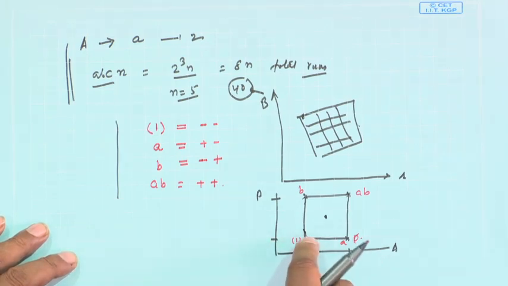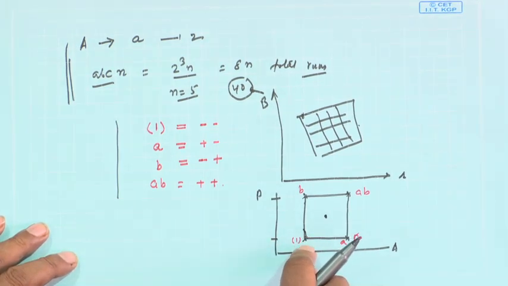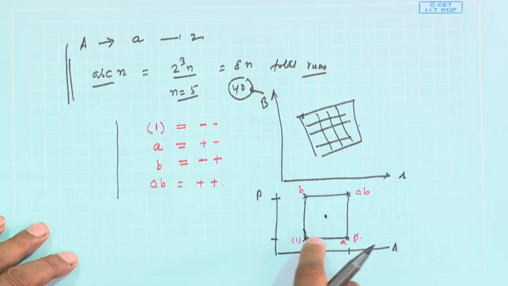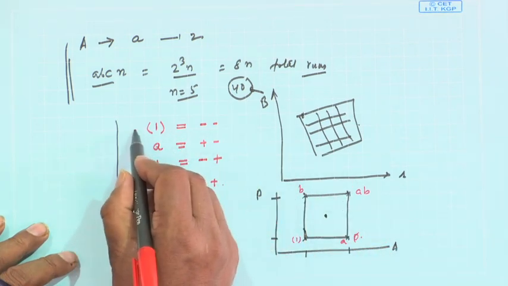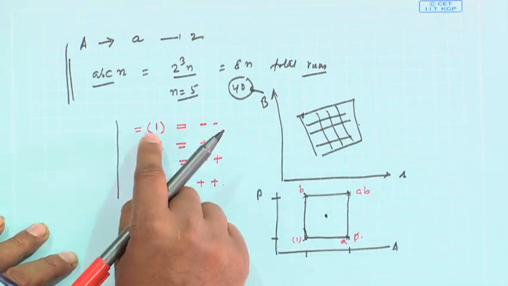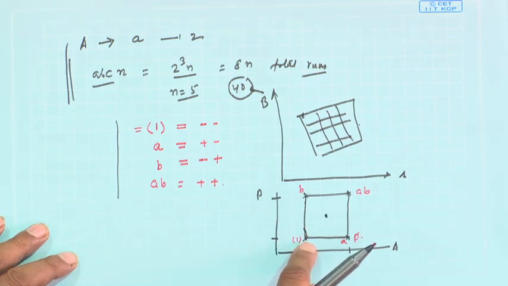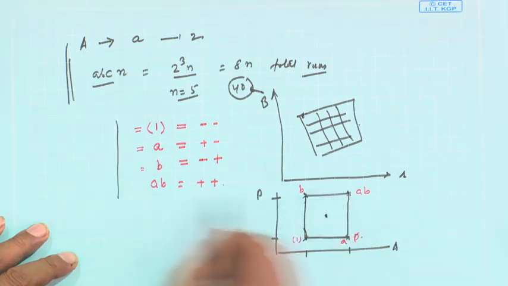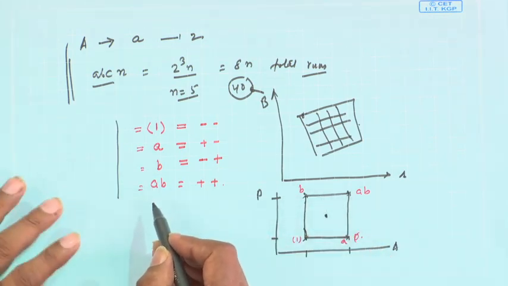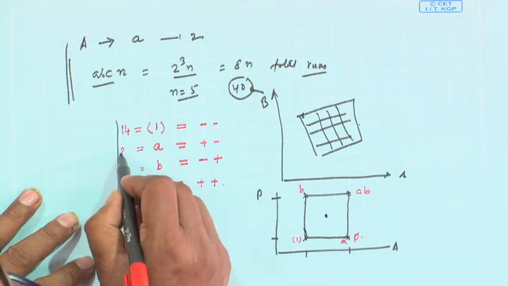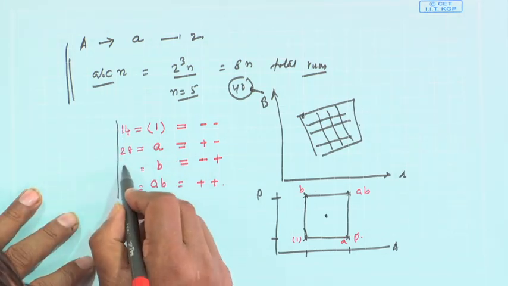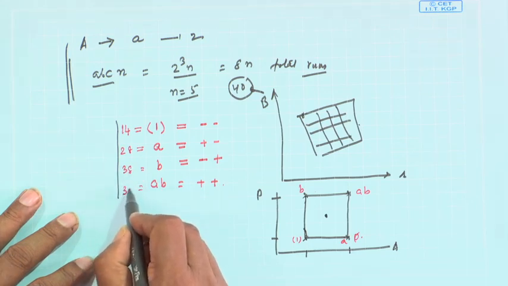But in addition, from the total point of view, we give some notation to all of these. These are nothing but the total values of the y response at 1, at this point, at this point, and at this point also. So, with reference to this example, this will be 14, A will be 28, B will be 38, and AB will be 36.